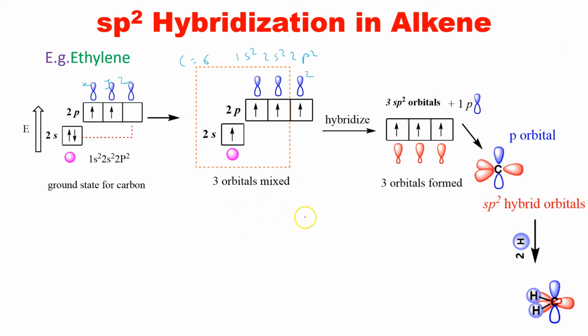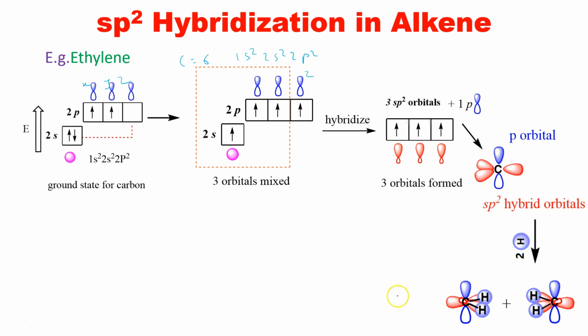When two hydrogens combine with this carbon, two orbitals are filled, but one orbital is empty. Now, as we are discussing the ethylene molecule, let us take two carbons.